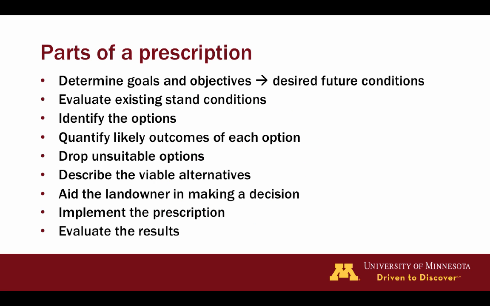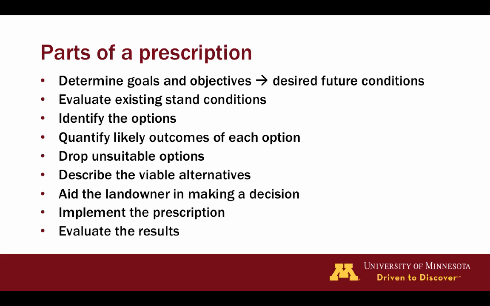So I've talked a lot about forest management, forest prescription. So what are the parts of a silviculture prescription? First we need to determine the goals and objectives. We need to evaluate the stand conditions, and this is generally one of the best parts, where you get to go out in the stand, cruise the stand, really get to know the stand.